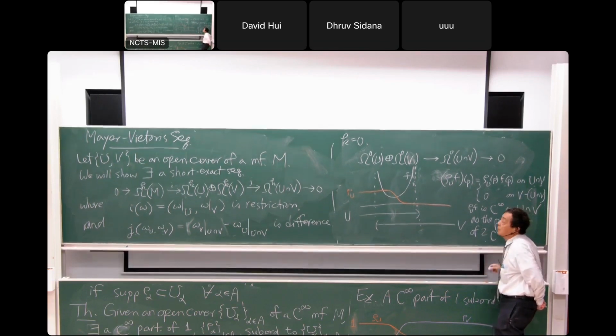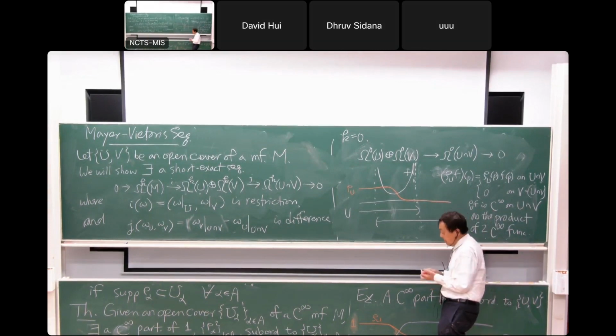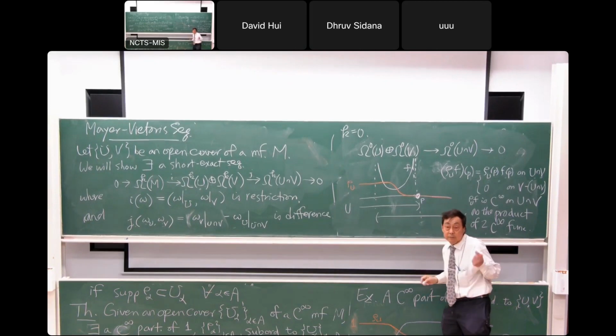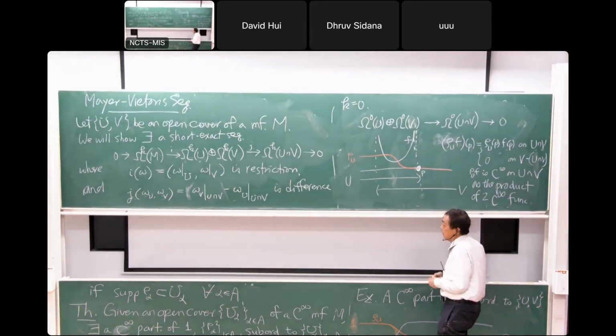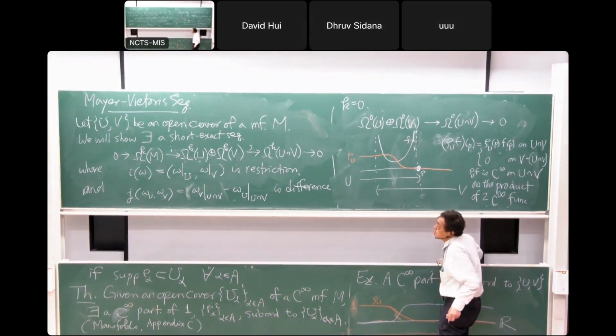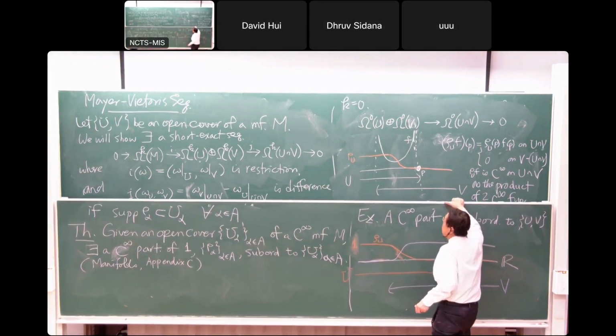Now suppose you are at a point that is outside the intersection. So you are at some point here that's outside the intersection. Well, the thing is that the support is compact, so p will be outside the support.